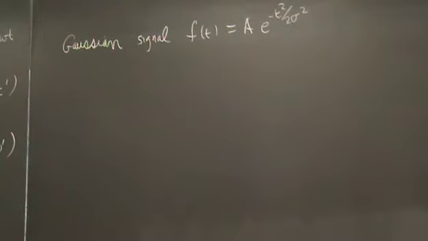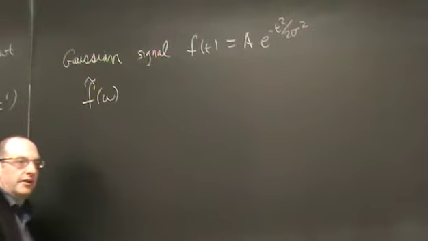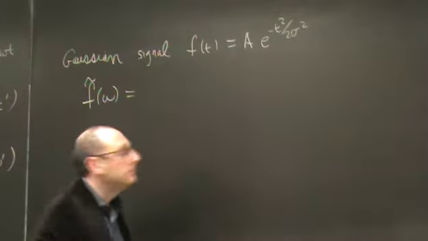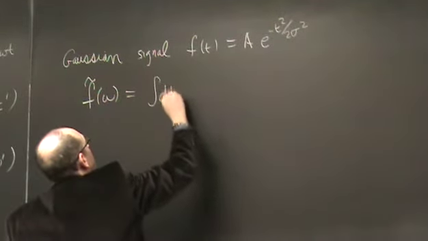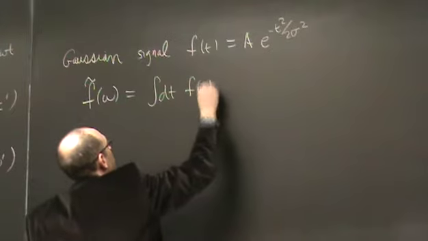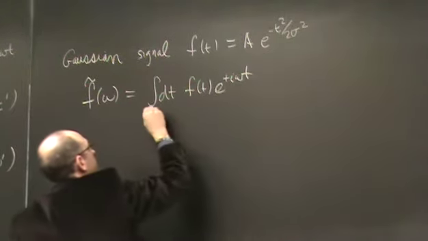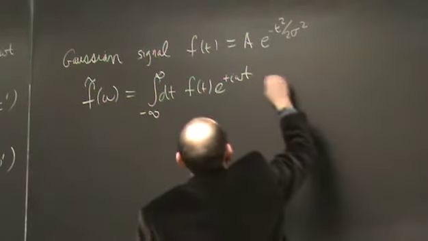And I want to know what the Fourier transform of this function is. So let's just do that quickly. We have the formula here. What I have to do is take the function and project on e to the plus i omega t. So let's do that.